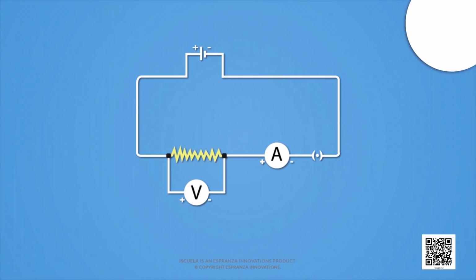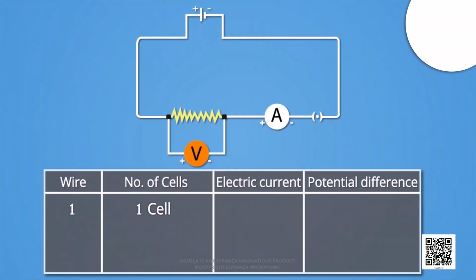Note the reading I in the ammeter for the current and reading V of the voltmeter for the potential difference across the nichrome wire in the circuit. Suppose with one cell in the circuit, the electric current is I1 and potential difference is V1. Note it down in the table given.